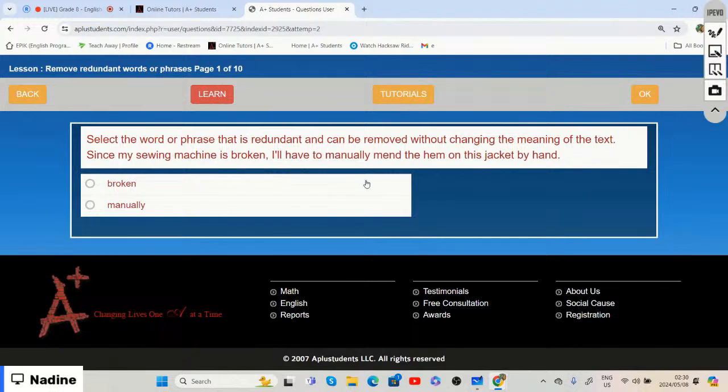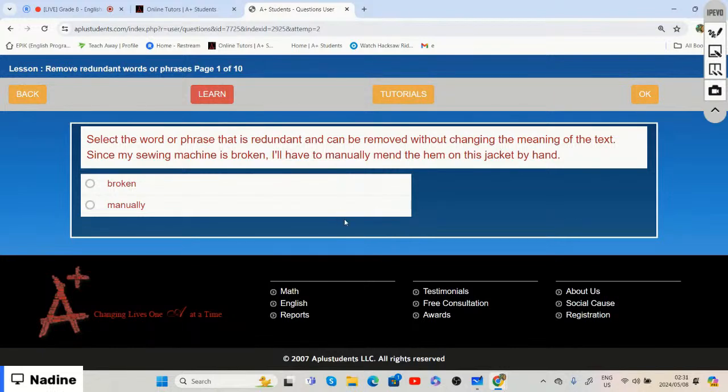And if we select the redundant word to be removed, all right.